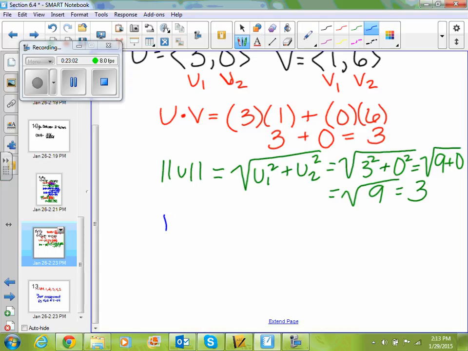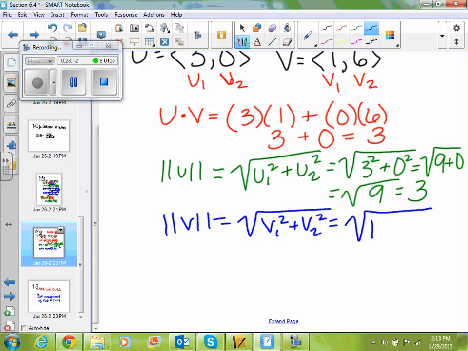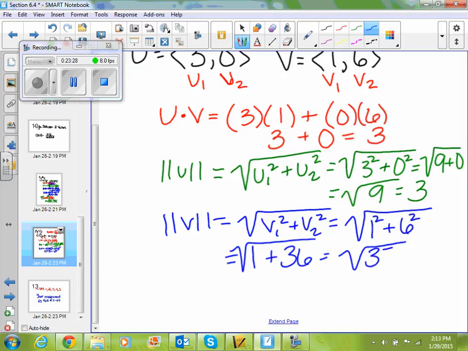Lastly I need to find my magnitude of V, which equals the square root of V1 squared plus V2 squared. My V1 is 1, so 1 squared, plus my V2 is 6, so 6 squared. 1 squared is 1, 6 squared is 36, 1 plus 36 is 37. So my magnitude of V is square root of 37.